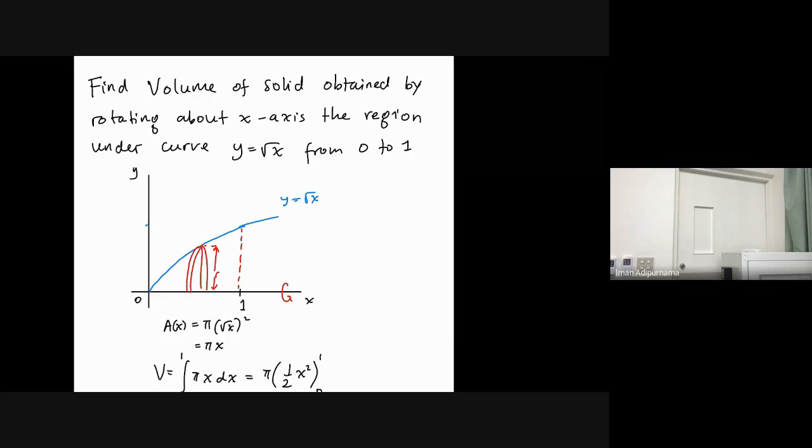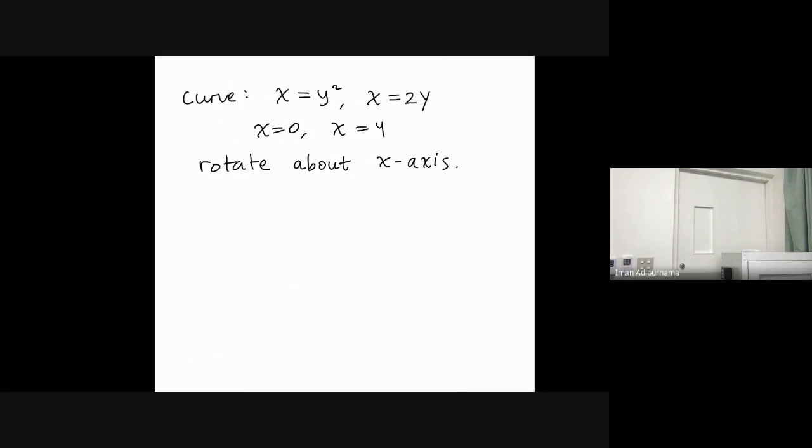Okay. Now move on to this question. So x equals y squared, x equals 2y. It's actually the same curve, y equals square root of x, from before. x equals 2y is just a line, right? We have x equals 0, x equals 4.